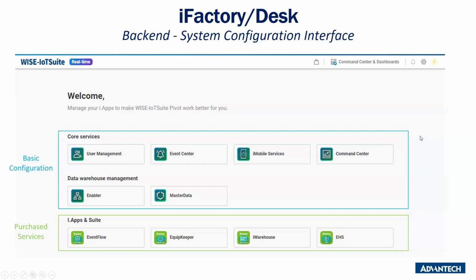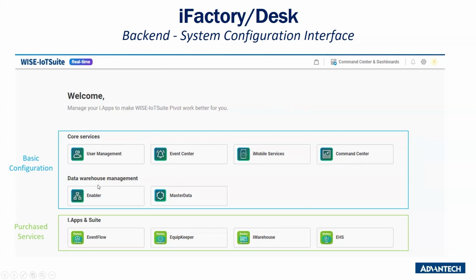So for our iFactory desk, here I will introduce it. As you can see in the demonstration just now, this is the desk, whose backend is a system configuration interface, where you can have the basic configuration like user management and the event center, and we have our iMobile service and the compensator, with which you can build the dashboard.